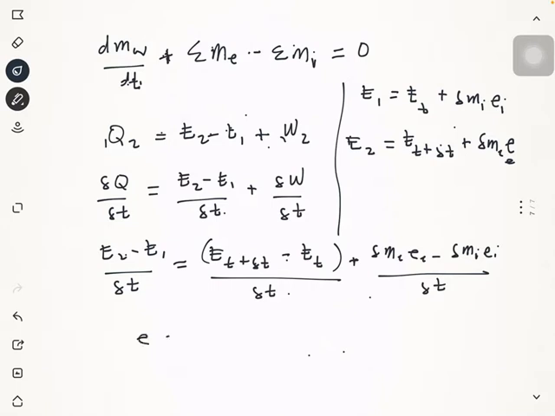Since we know here that this e is equivalent to u plus V squared over 2 plus g times z, we will substitute this value in this equation.